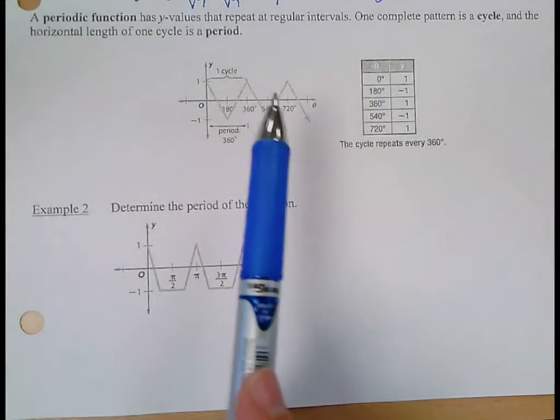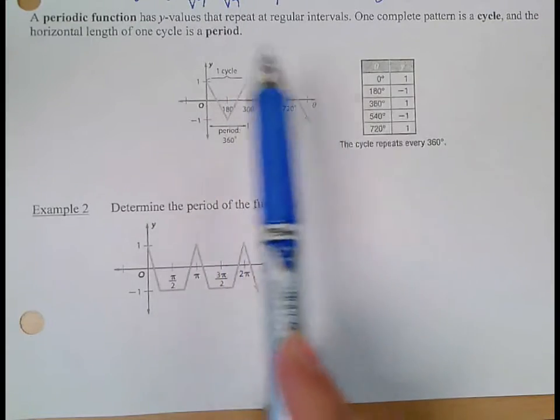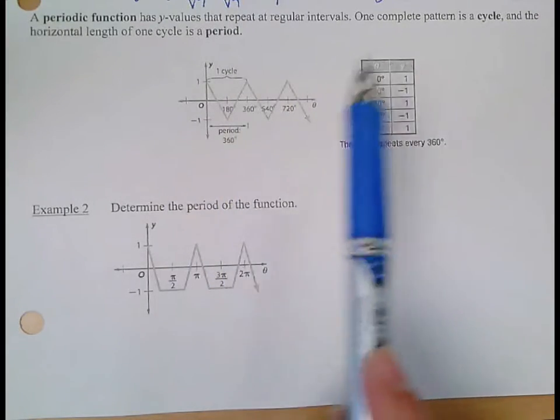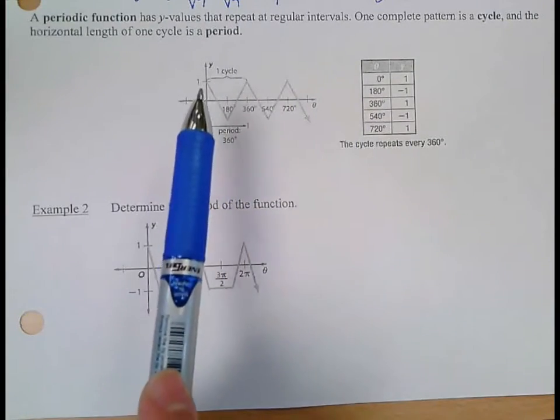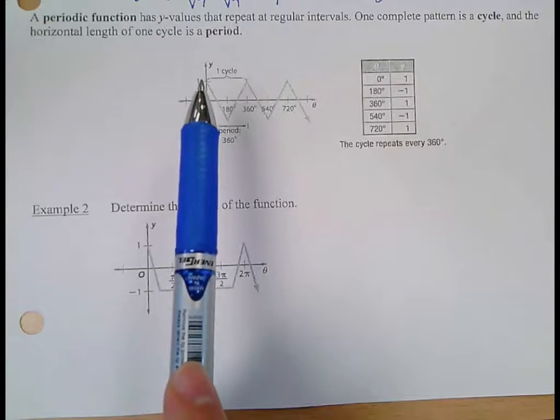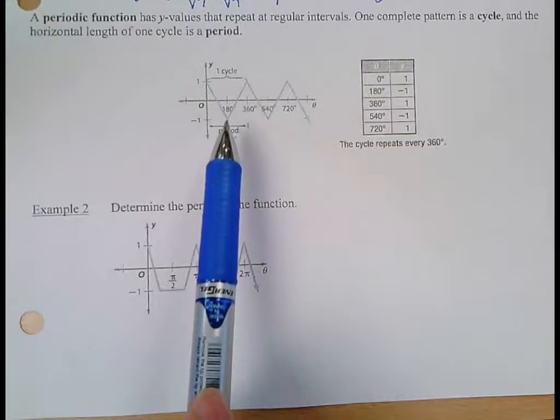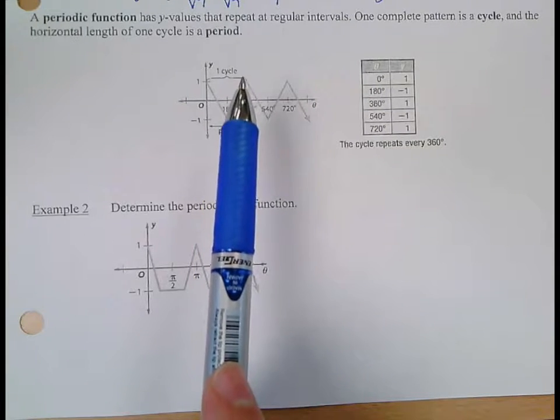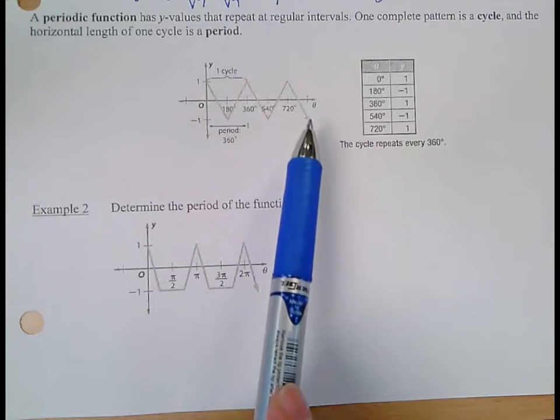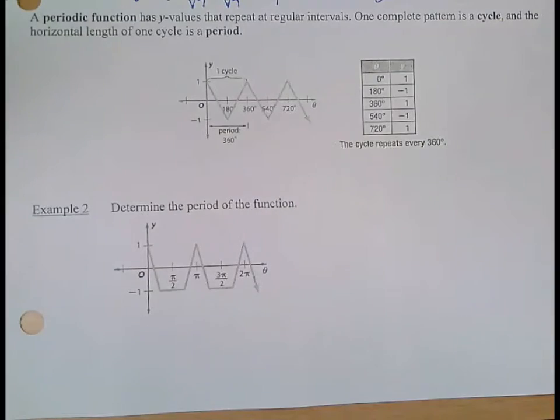So if you look at this, it's the same function, they're showing it as a graph, and then they're showing it as a table. So you can see for this graph, it starts at the y value 1, goes down to -1, back up to 1, and then it continues that pattern as you move to the right on the x-axis.